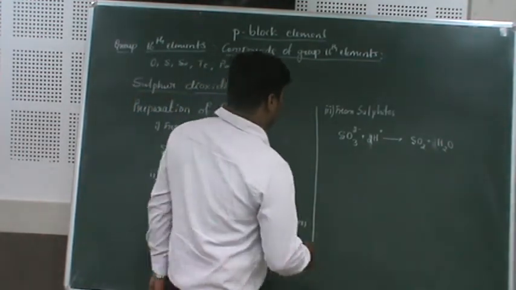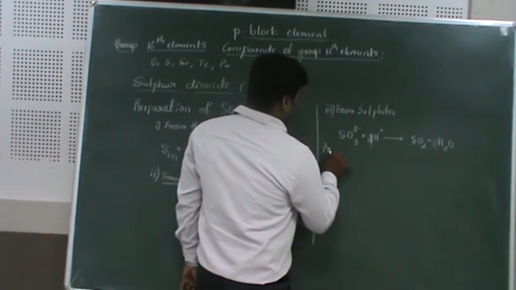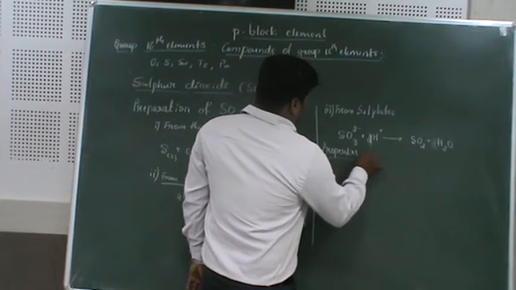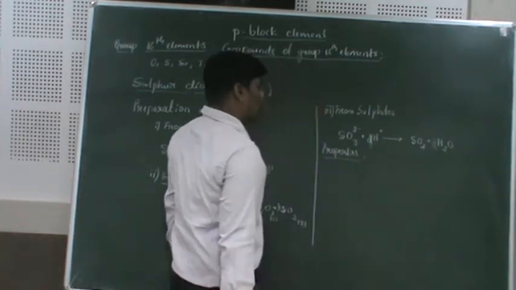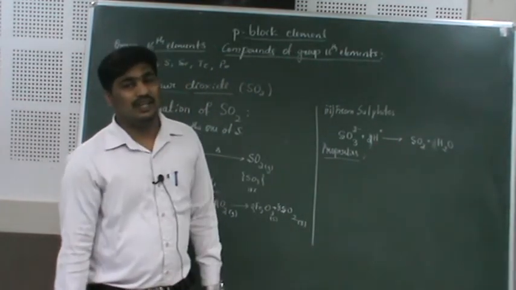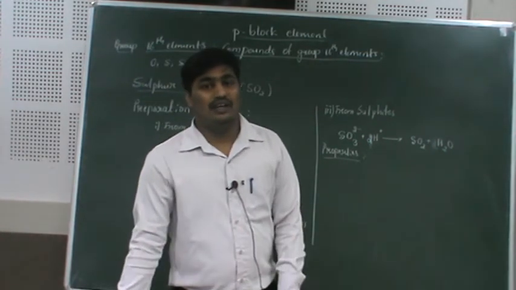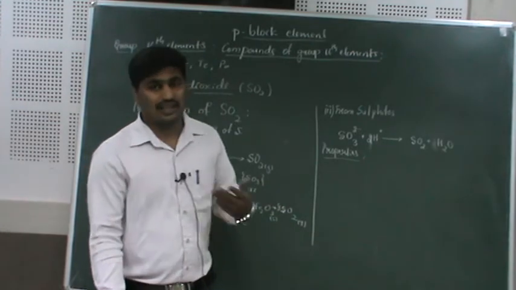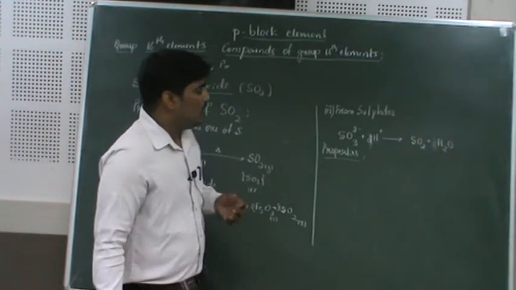Let us discuss the properties of sulfur dioxide. The first thing is physical property. As you know, under properties we should first study the physical property, next the chemical property.